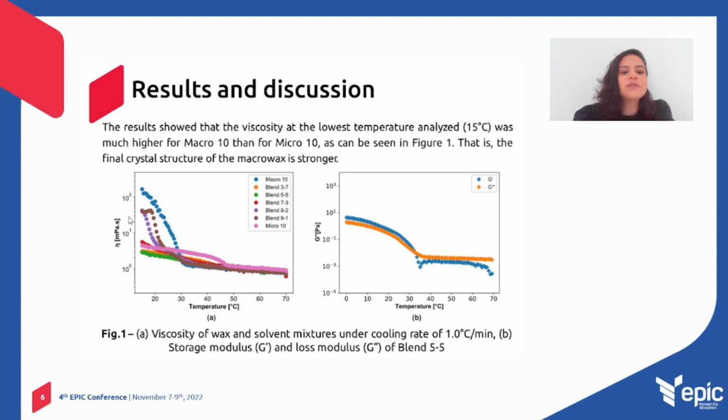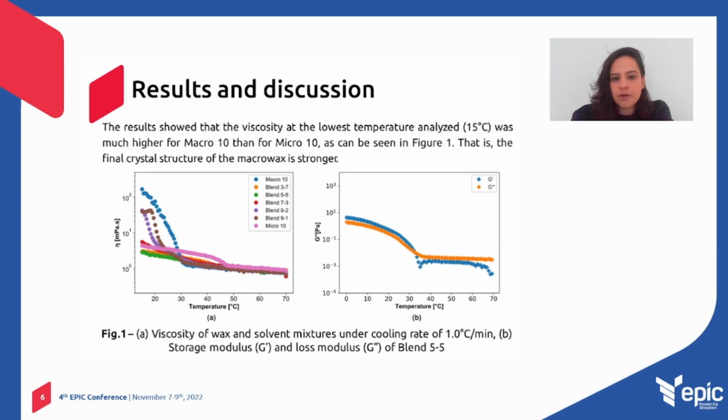We have different viscosities and stronger networks for higher concentrations of macro, but when we have more micro, we have the formation of the network at higher temperature.